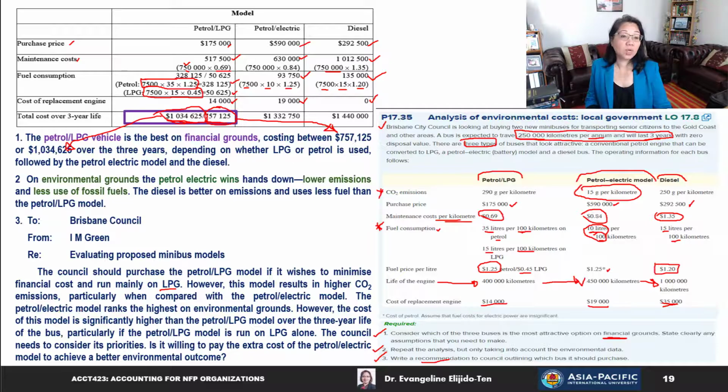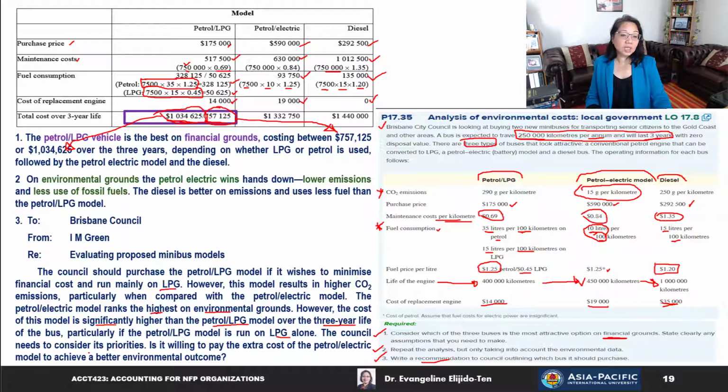The petrol-electric model ranks the highest on environmental grounds. However, the cost of this model is significantly higher than the petrol LPG model over the 3-year life of the bus, particularly if the petrol LPG model is run on LPG alone.